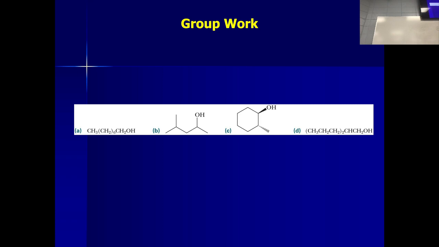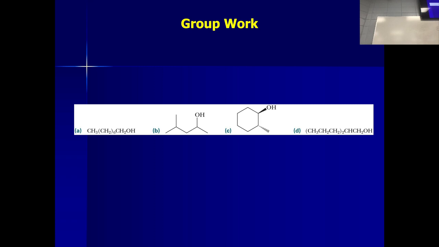All right, very good. And what about this one? What's the parent? Cyclo. How many carbons are in the cyclo? Cyclohexane, right? So this is a cyclohexanol, right? So there's my parent.